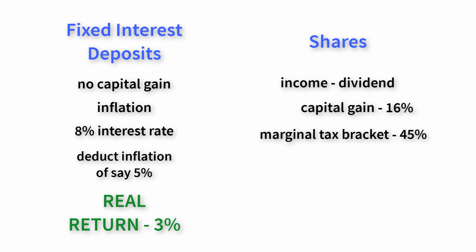The problem is that if you hold your shares for less than 3 years, the receiver of revenue may declare you to be a share dealer. And then, whatever capital gains you make will be added to your income and taxed accordingly. But if you hold your shares for longer than 3 years, then you will definitely not be declared a share dealer, and you will only have to pay the 16% capital gains tax.